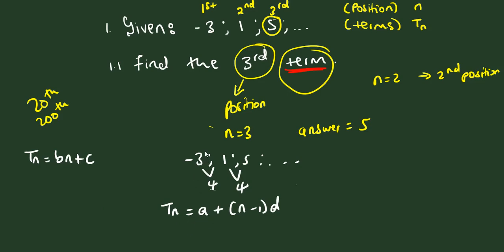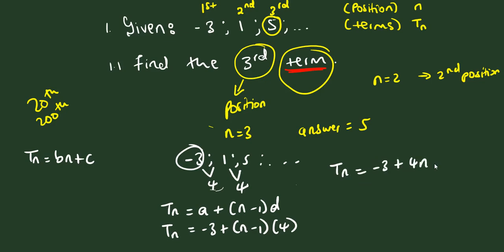So a is the first term, which is -3, and d is your difference. The constant difference is 4. You want the nth term, which is just a formula to find any term that you want. When you simplify, you find that Tn is equal to -3 plus 4n minus 4, which means you have 4n minus 7.